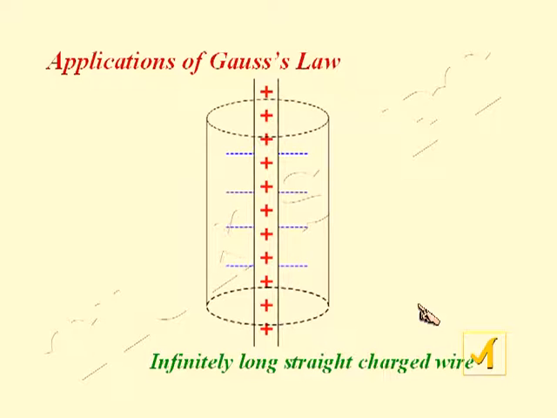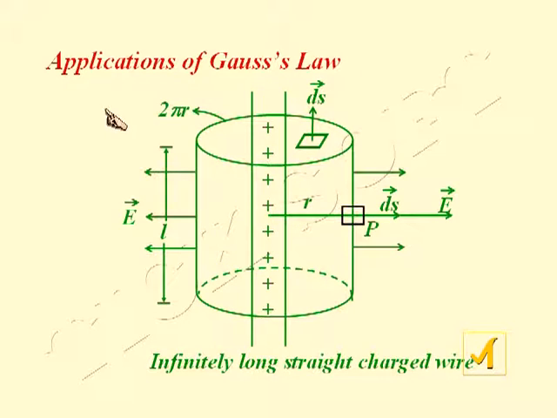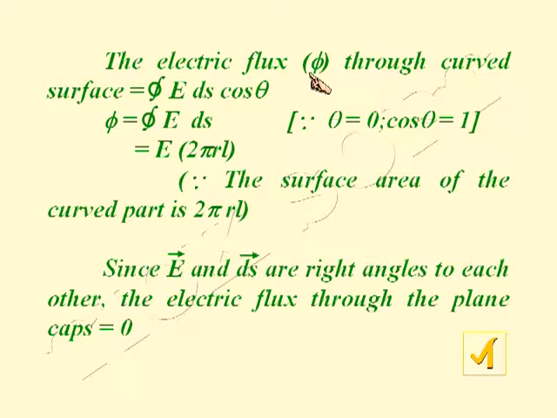We want to find the electric field due to the infinitely long straight conductor at a point r distance from the wire. Now we imagine a Gaussian cylinder having radius r, and the electric flux through the closed curved surface is equal to integral E ds cos theta.